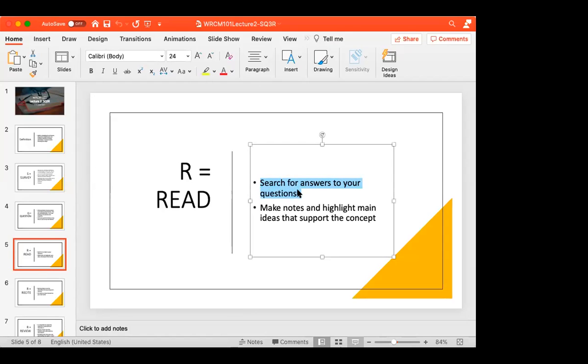If you are reading this way, then you are increasing your retentive memory. It is called retentive, how much you can retain in your mind. And when you read, also make notes and highlight main ideas that support the concept. So if you are reading a PDF, you should be using the highlight function as much as it is possible for you.